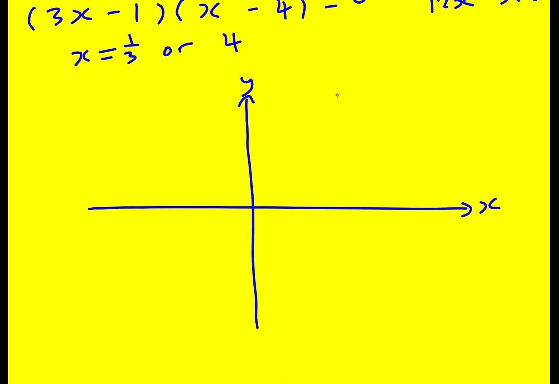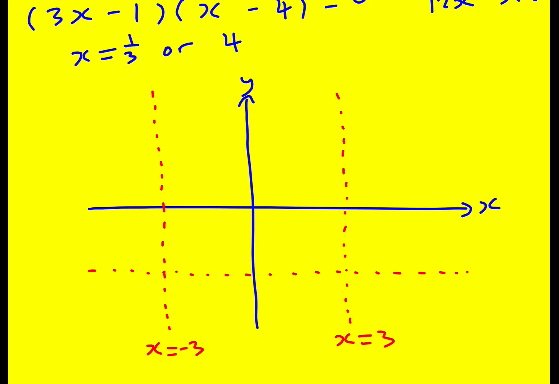I still have my asymptotes at x equals 3. And remember, it's going to be a reflection on the y-axis, so it's also x equals minus 3. The y equals 0 asymptote is translated in the negative y direction by 3, so it's y equals minus 3 here. And then it will have the same kind of shape, like that.